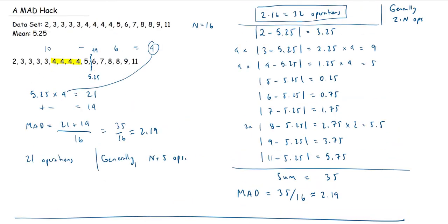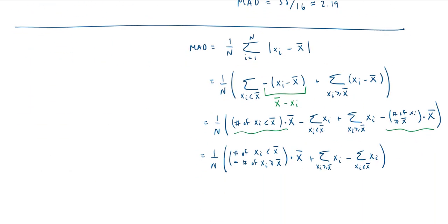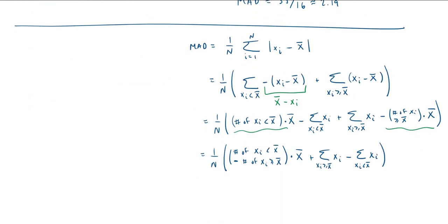Okay, so this is, I think, a good advertisement for what can happen if you decide to use a little bit of algebra. Somebody gives you a formula and you notice perhaps that the same thing gets used every single time, like here, the x bar. The xi is changing, but the x bar is the same.